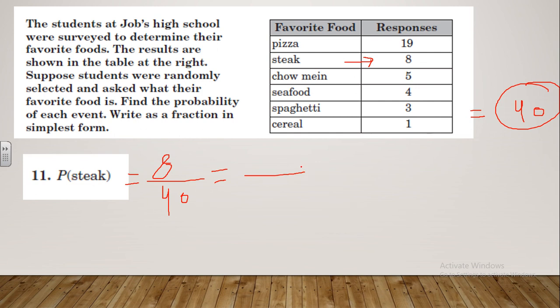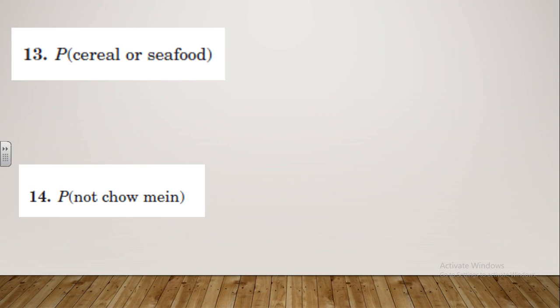By dividing by what? Come on, think about it. Yeah, by dividing by 8. So 8 divided by 8 equals what? That will be 1. And 40 divided by 8 is 5. Excellent. Good job. Let's see the next one.